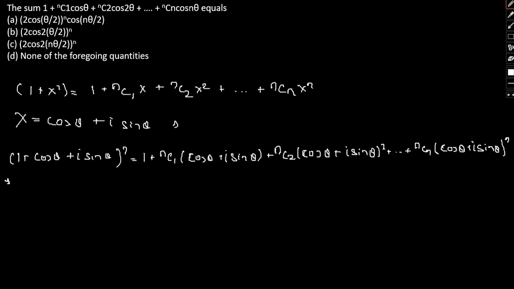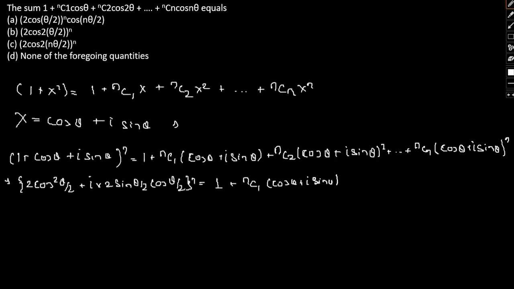We can further write the same, if we just expand it, as 1 plus 2 cos square theta by 2 plus i into 2 sin theta by 2 cos theta by 2, and this can be further written as 1 plus nC1 (cos theta plus i sin theta) plus the second term plus dot dot dot, this entire term.